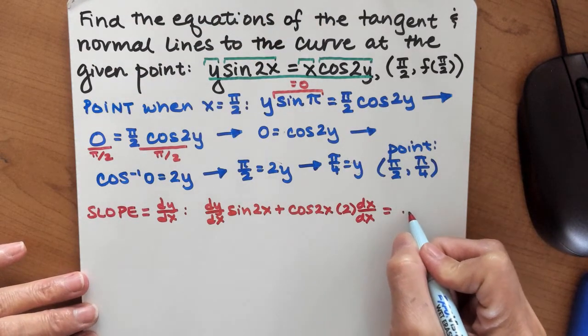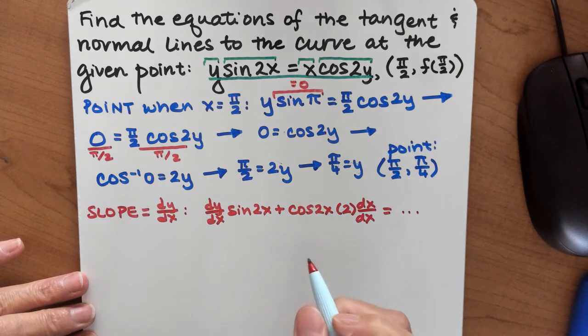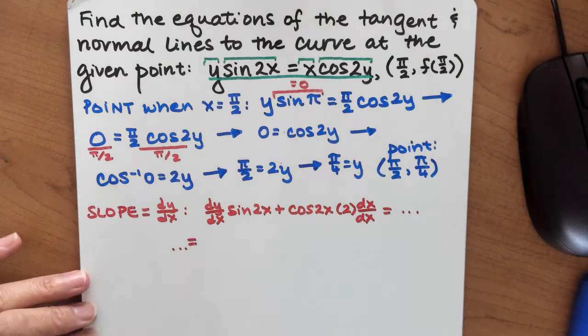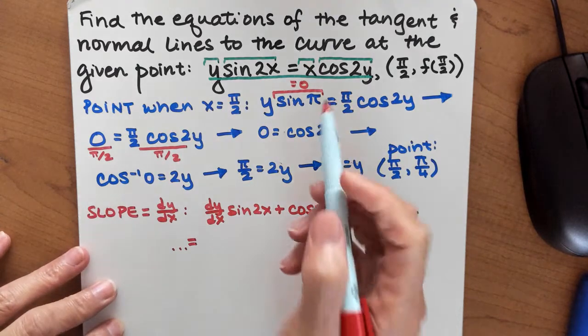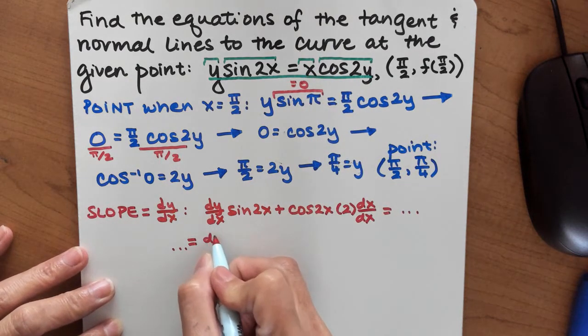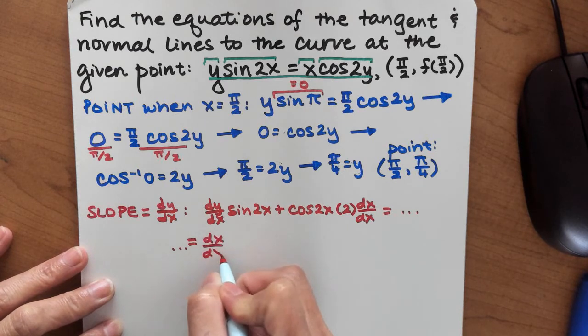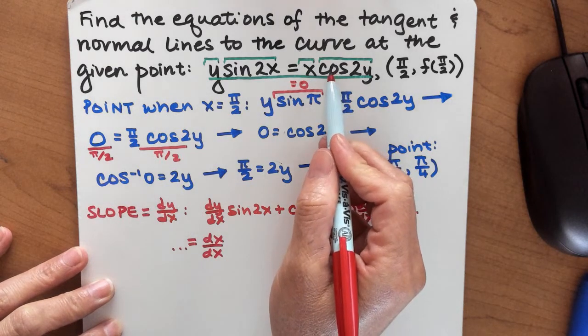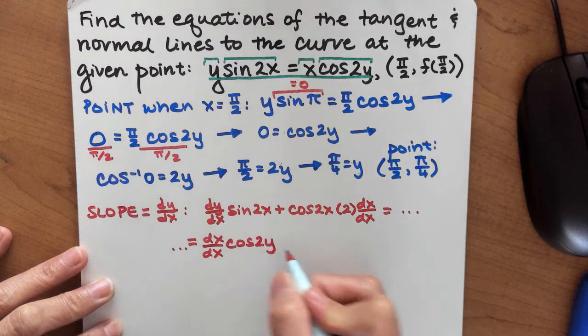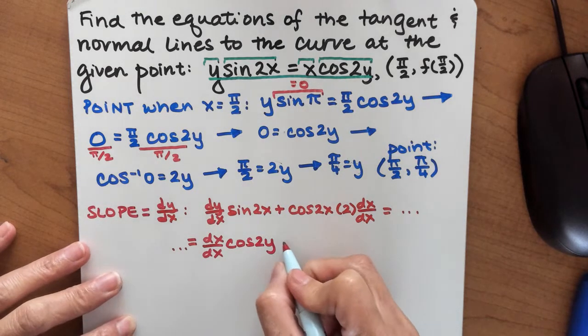Well, looks like I'm going to run out of room here, so I'm going to do the right side of the equation down here. So the derivative of x is 1 dx dx times cosine 2y. I'm not touching that. This is the first half of the product rule.